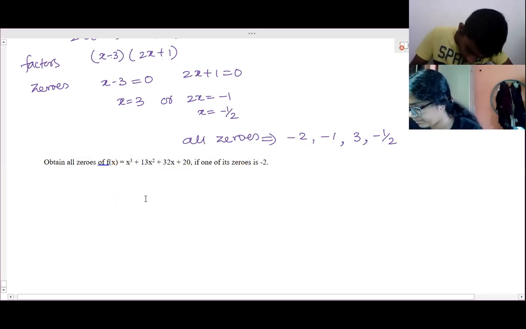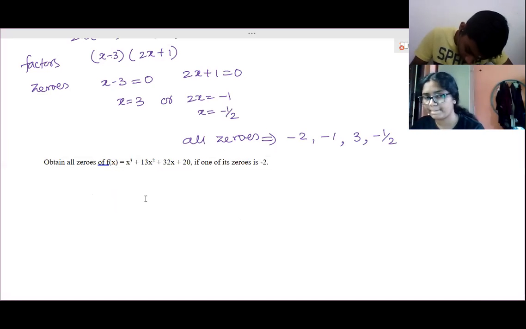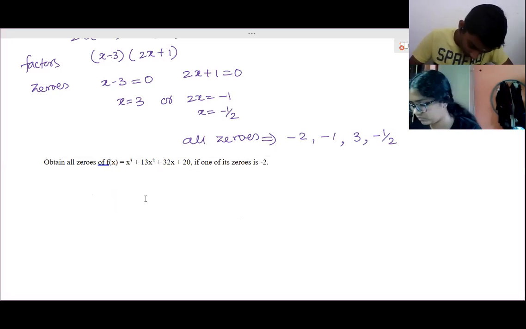Only 1 zero is given and it's a cubic polynomial. So 1 zero is enough. Ma'am, we are doing 64th, right? Yeah. Do it by yourself.